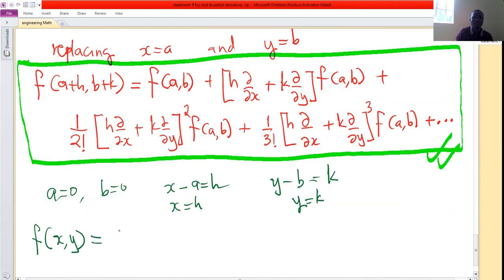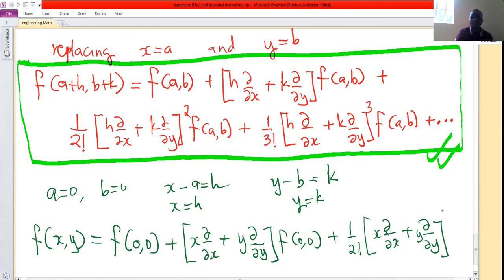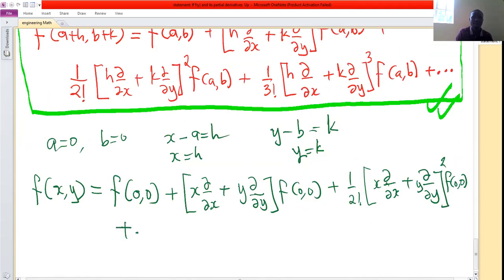It equals f at A is 0, B is 0, plus h is the same as x, partial x, plus k is y, partial y, and then f at 0, 0, plus 1 over 2 factorial into x partial x plus y partial y, power 2, f at 0, 0, and then plus other several terms.